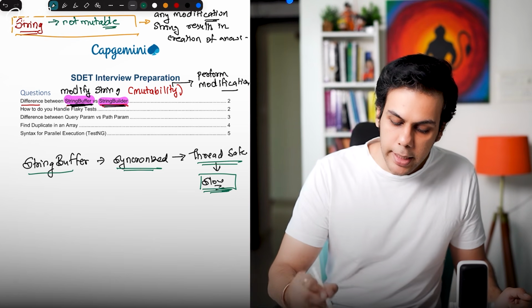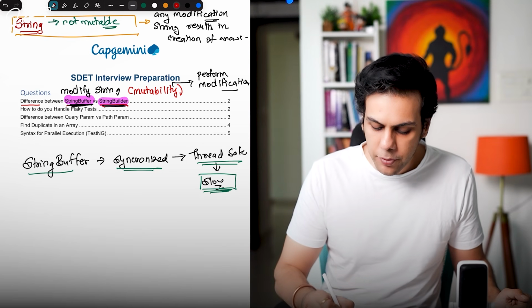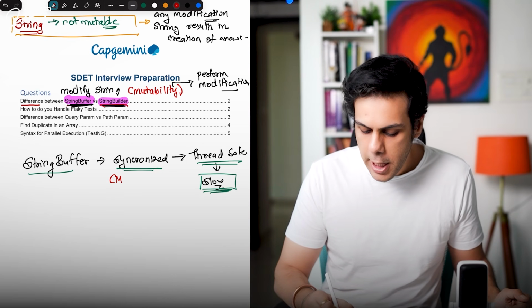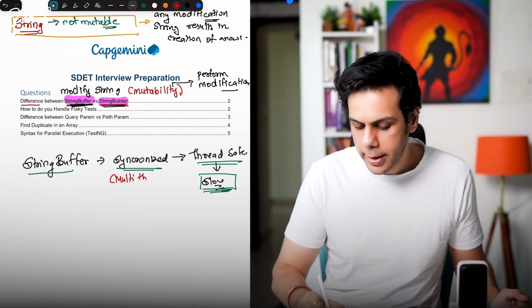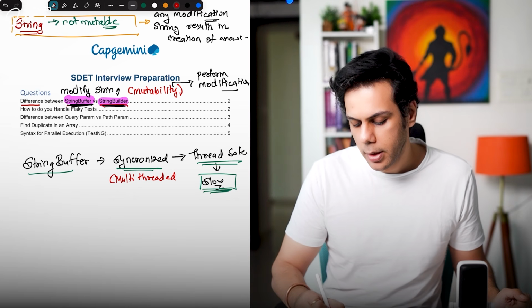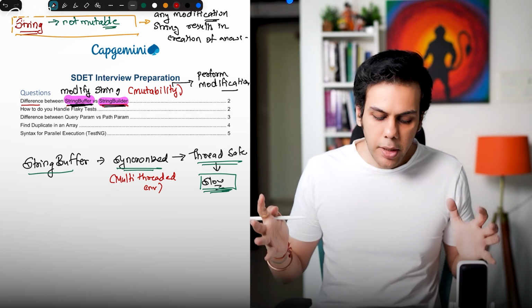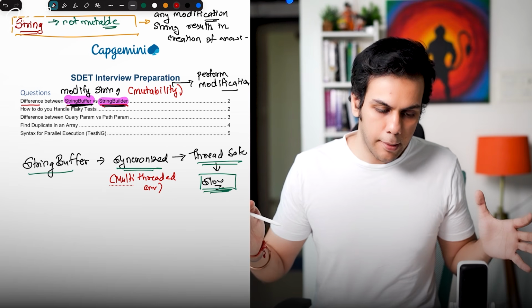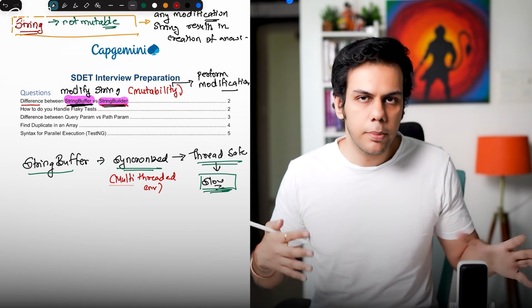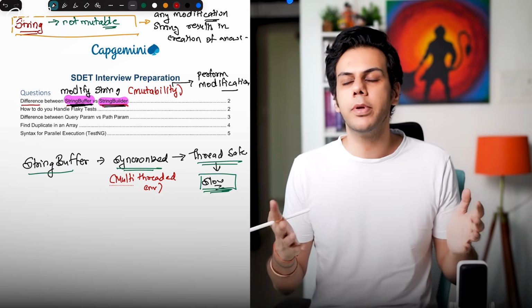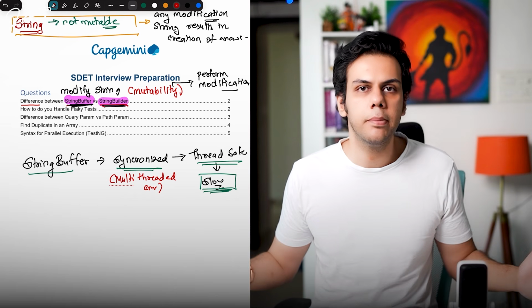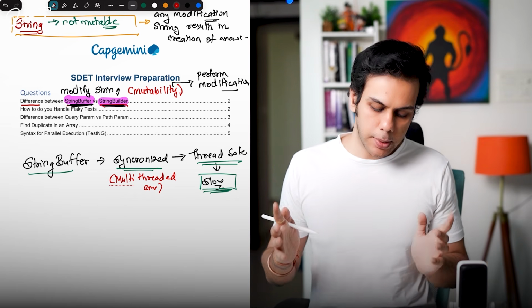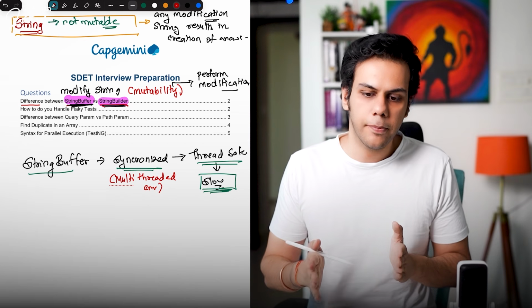You can use string buffer in a multi-threaded environment. So if there will be a lot of modification happening on a string in a multi-threaded environment, then guys, you are supposed to use string buffer.